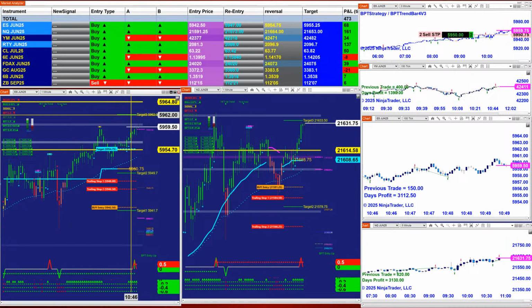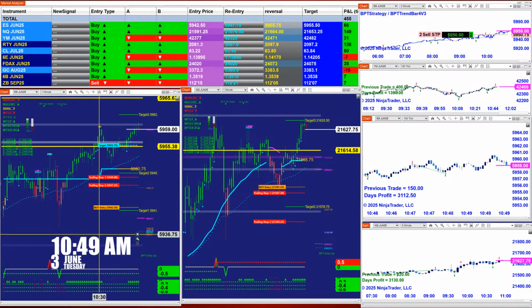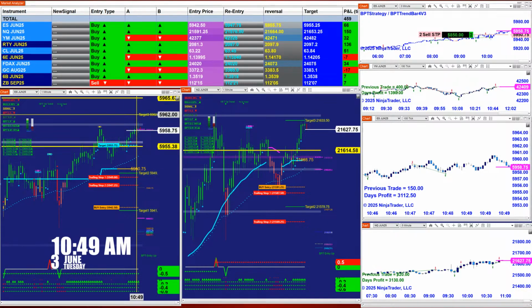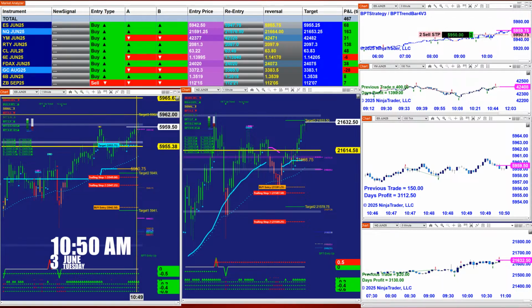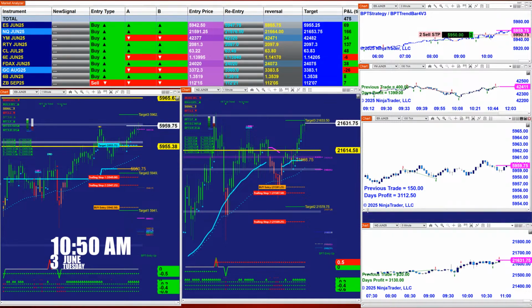Usually those targets hit at 11 o'clock plus minus 10 minutes. Now it's 10:49, and we still have 11 minutes to hit the target 3. It is around 3 o'clock they hit the target 3 or 2, plus minus 5-10 minutes.